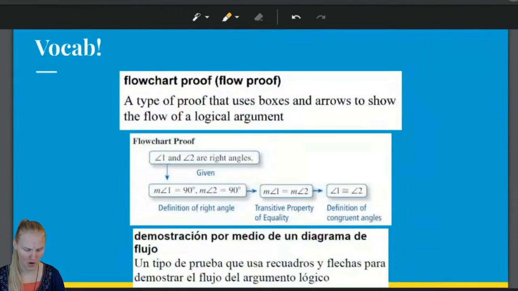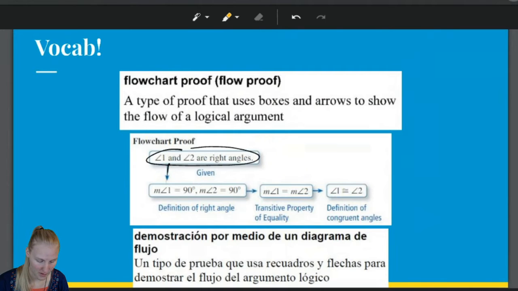So first, what is a flowchart proof? Well, a flowchart proof is a type of proof that uses boxes and arrows to show the flow of a logical argument. So maybe you didn't like the step 1, step 2, step 3. Maybe that didn't quite make sense for you. Maybe it did. But here is an alternative type of proof where from this tells me this, and this tells me this.